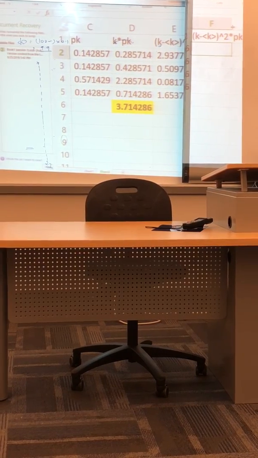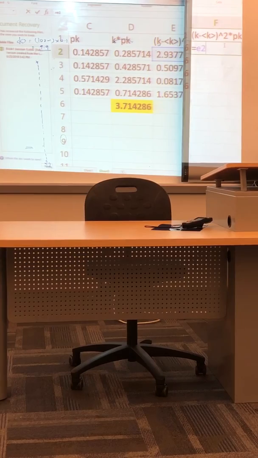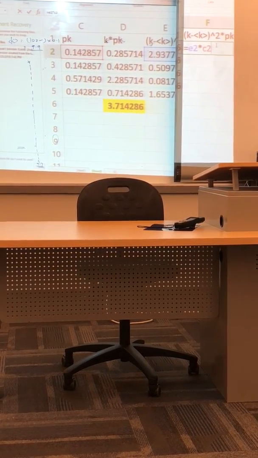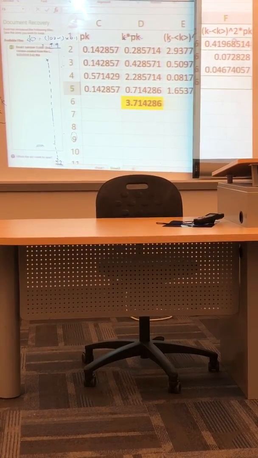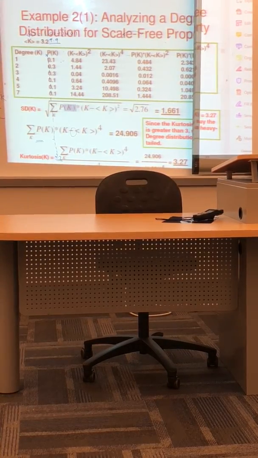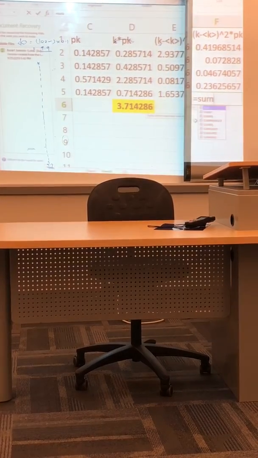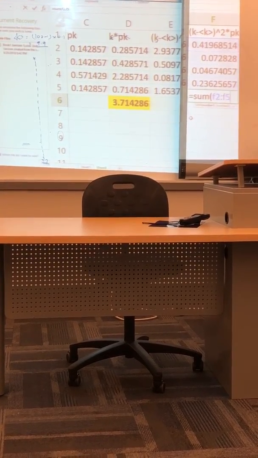What do you have to do? E2, this cell, multiplied by C2. Then add all those values, the sum of F2 to F5.